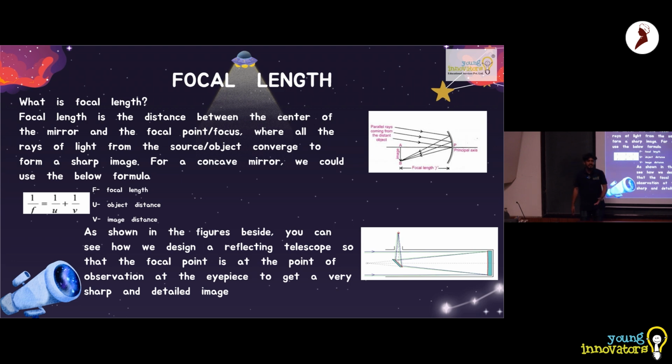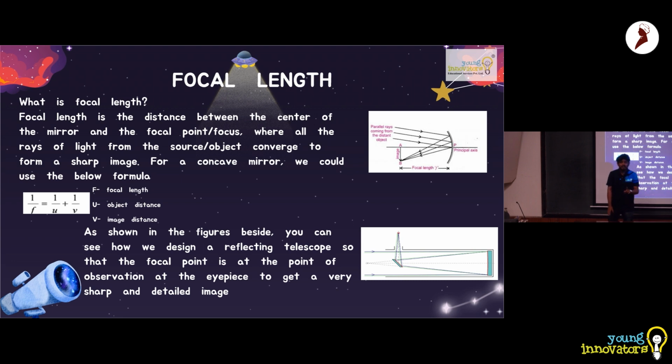Now, what do you mean by image distance? What image? The image formed, the projected image. Good. Depending on the mirror, it might form anywhere in between. Imagine the image is formed somewhere here. This becomes the image distance.